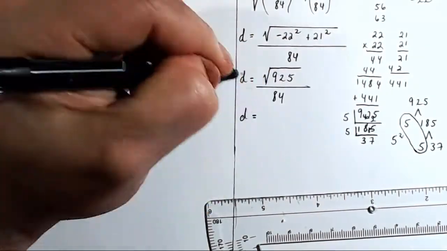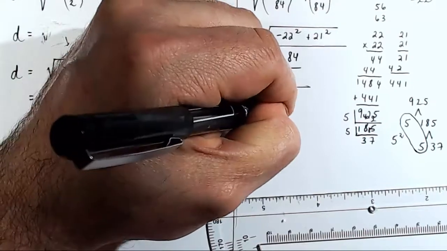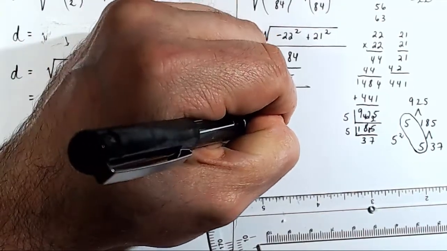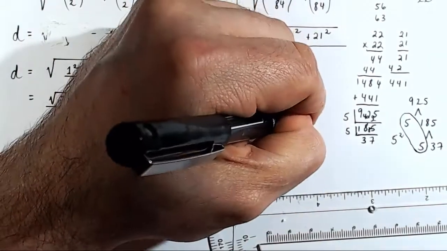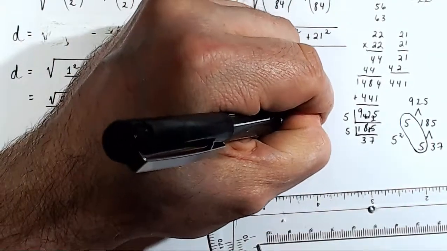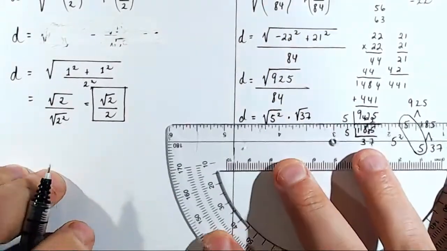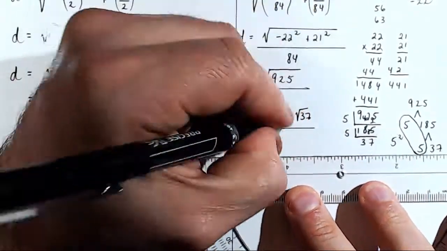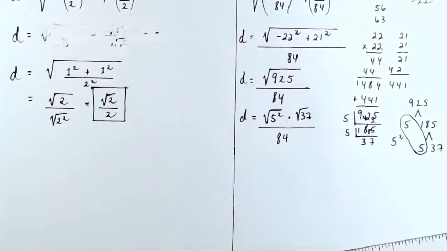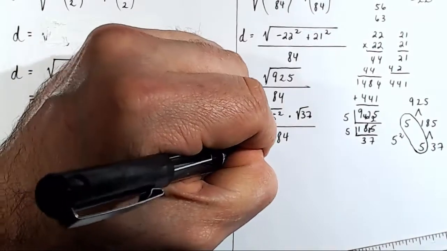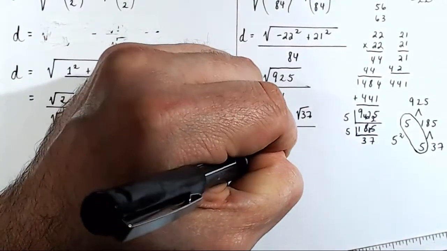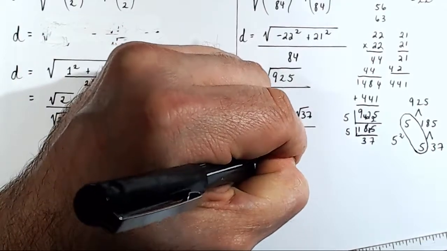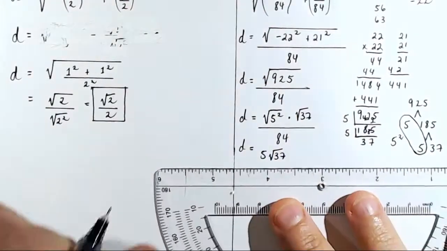So D is equal to the square root of 5 squared times the square root of 37, all over 84. And that is equal to 5 square root 37 over 84.